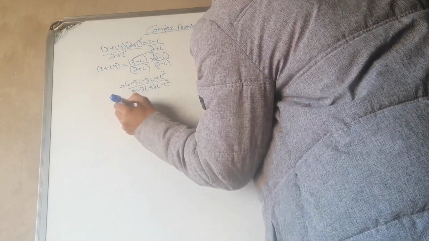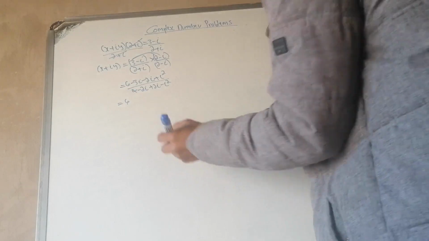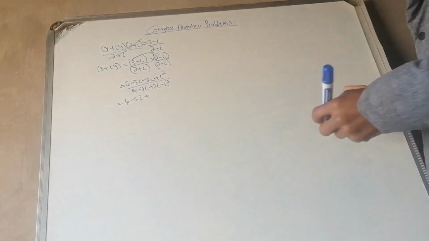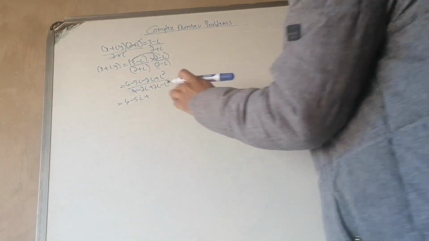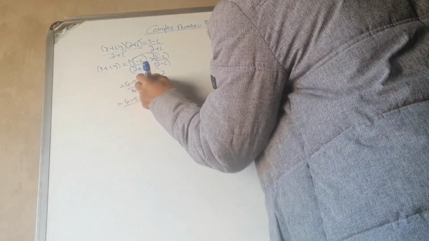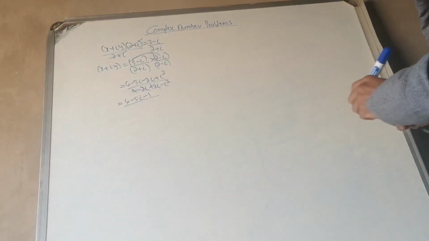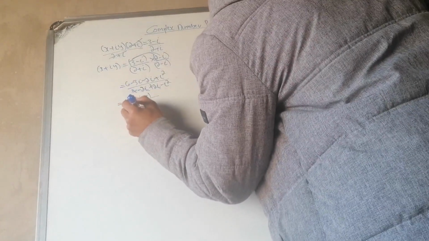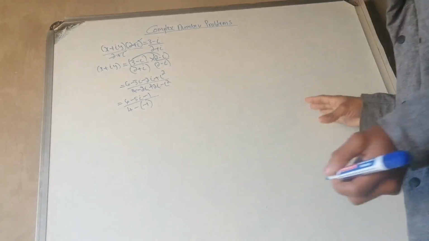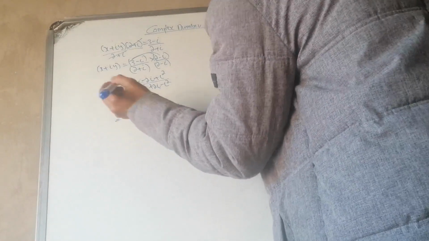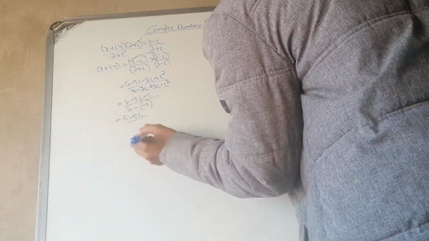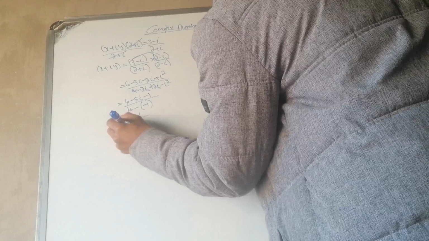This will be 6 - 3i - 2i, which is -5i, plus i², and where I see i², I write negative 1. The -2i and +2i will cancel. You will have 4 minus i², and where you see i², you will just write negative 1. And you'll say 6 - 1, which is 5, minus 5i. And the bottom is 4 + 1, which is 5.